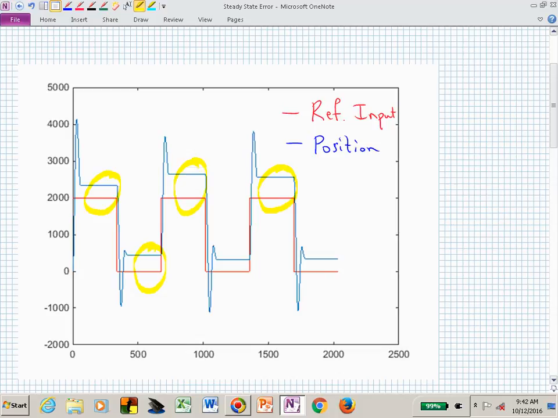What would you do? Probably give her the largest one, right? And then you guys decide if that's acceptable or not. But you understand what we're talking about when we say steady state error, where this is really never going to be in a steady state as far as high, low, or 2,000 counts, 0, 2,000 counts.